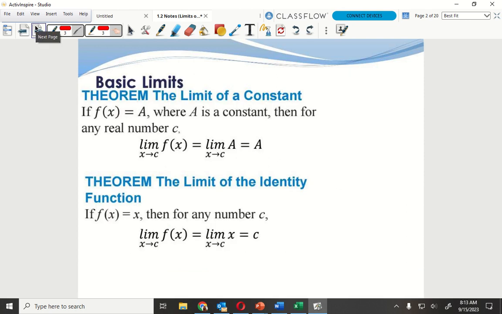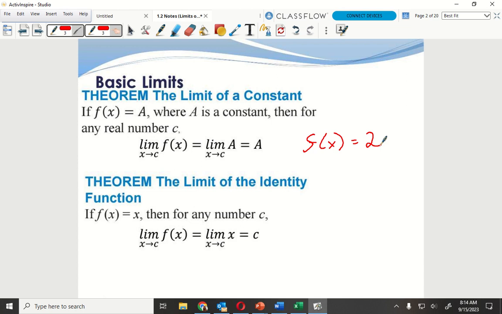Basic limits. Okay, so limit of a constant. Let's say f of x equals 2, a constant. That means if I plug in any value, there is no variable. If there is no variable to plug in, then it doesn't vary.